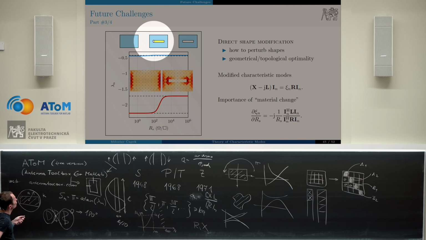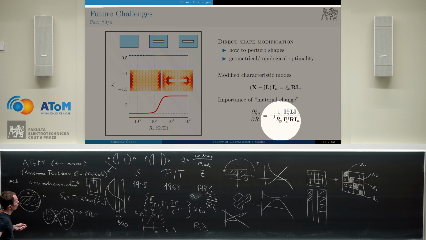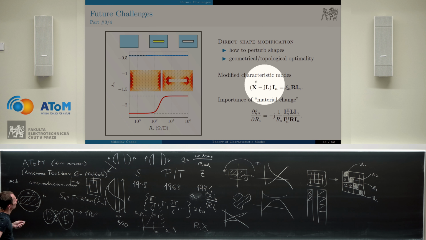And then I can differentiate this eigenvalue problem with respect to RS. I get this coefficient, and from this coefficient, I can realize how this shape is sensitive to a slot being smoothly cut there. And together with that, I can also realize how sensitive my characteristic modes are to a slot being cut in the middle of the shape.